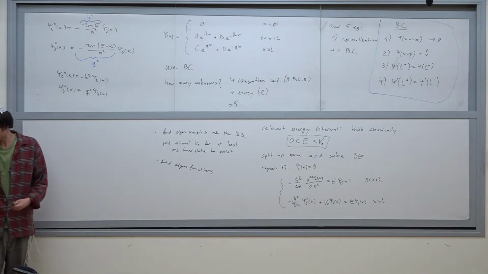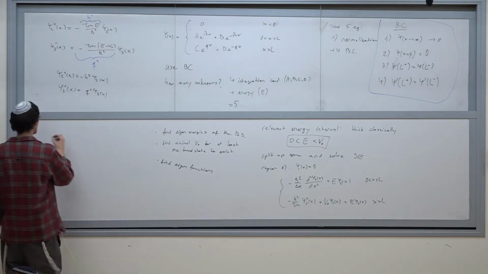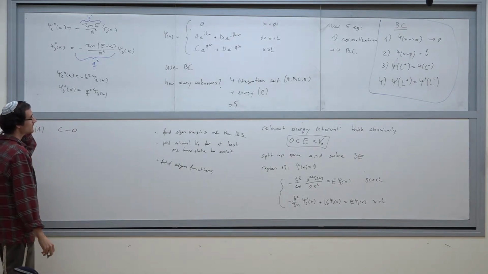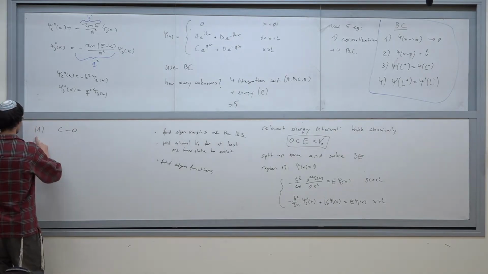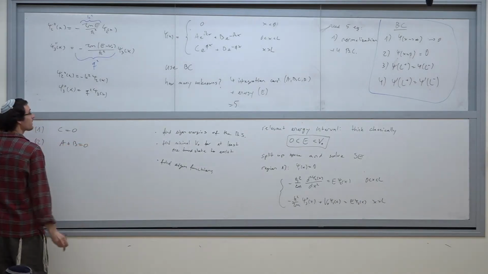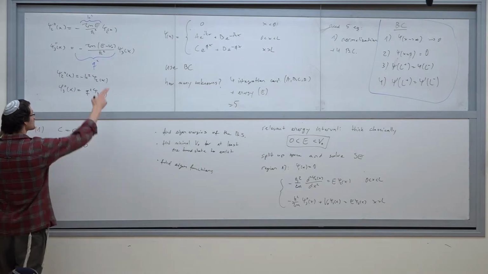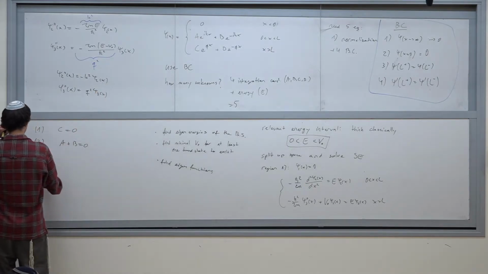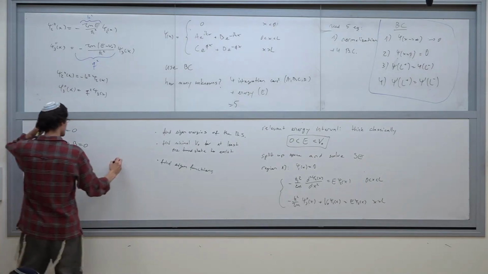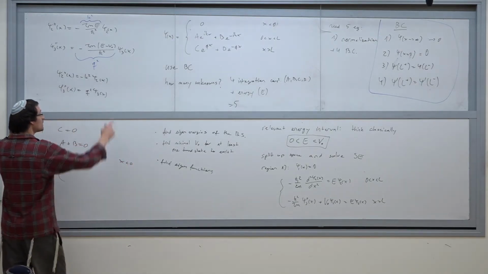Okay, first things first, condition 1 kills C. Condition 2 tells us that A plus B equals 0. So if we plug that back in, we get 0 when x is smaller than 0.